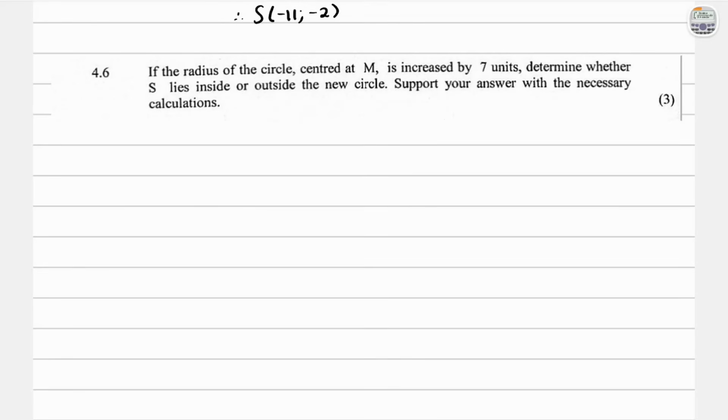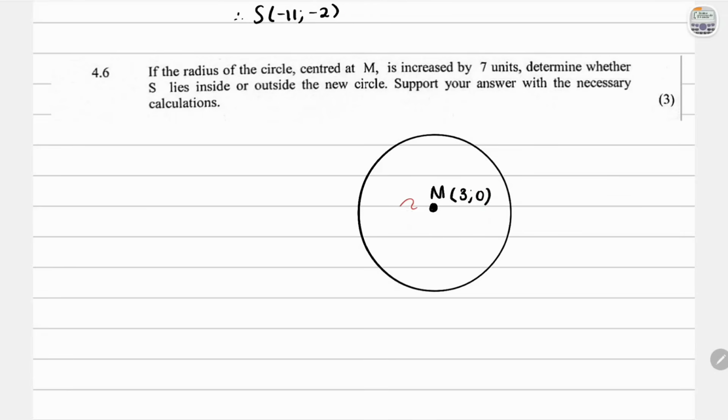First of all, for you to prove that a point is inside or outside a circle, it would work like this. We can just use the circle that we currently have right now. It's centered at M, which is (3, 0). To find out whether a point lies inside or outside the circle, let us just keep this very simple. I'm just going to focus on points that lie on this x-axis. Let's say a point lies inside the circle.